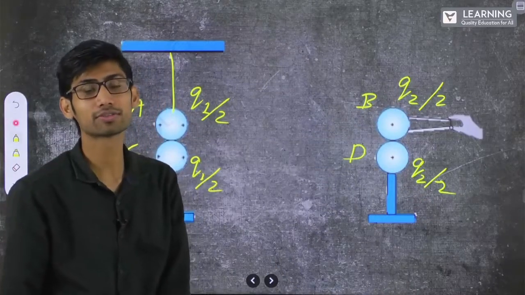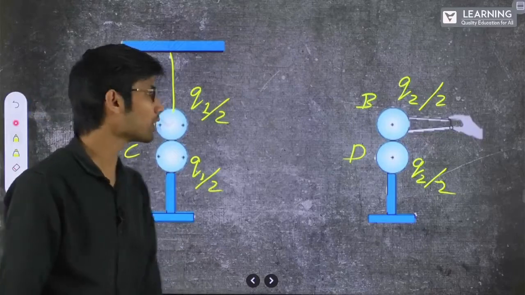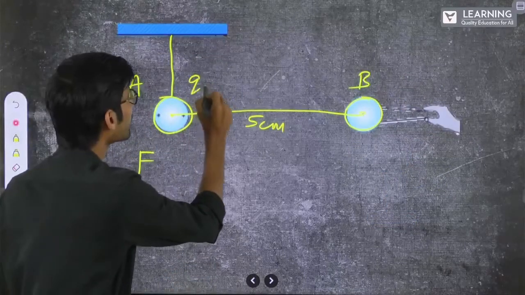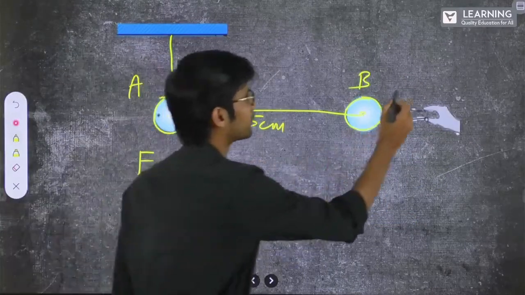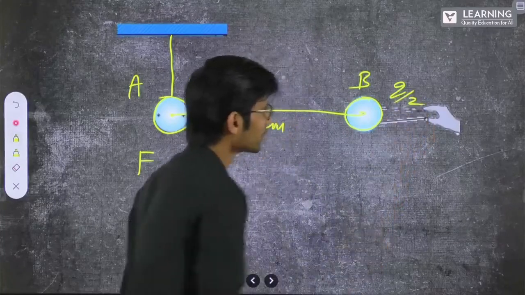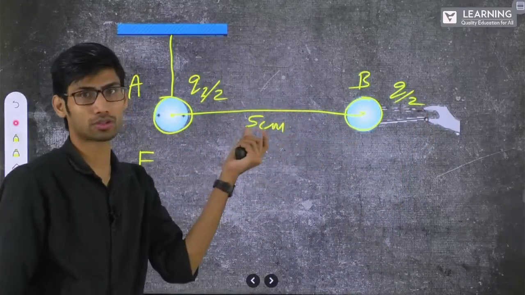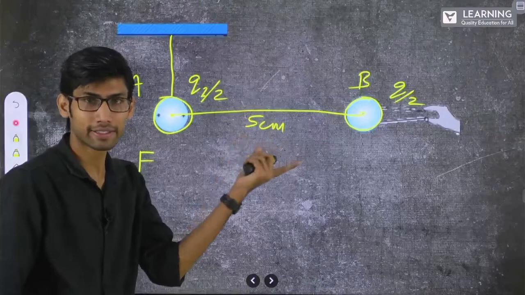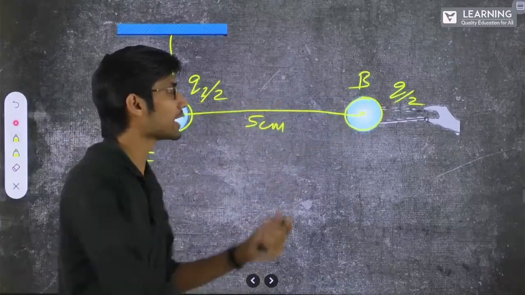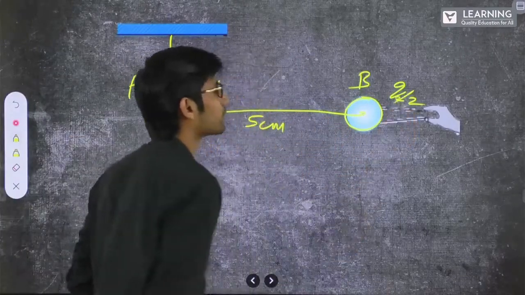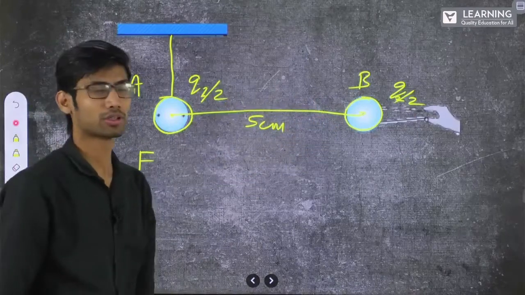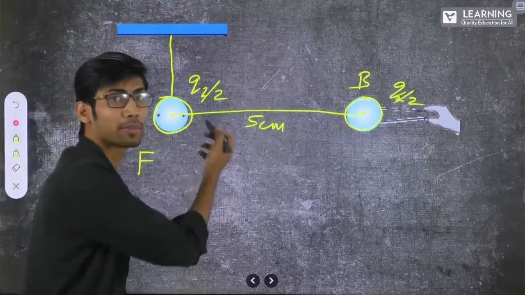Okay. So now what we are left with is Q1 by 2 and Q2 by 2. Since the distance is reduced, the force of repulsion would have increased. But here the charges are also reduced. Now let's see what is the force of repulsion on A.